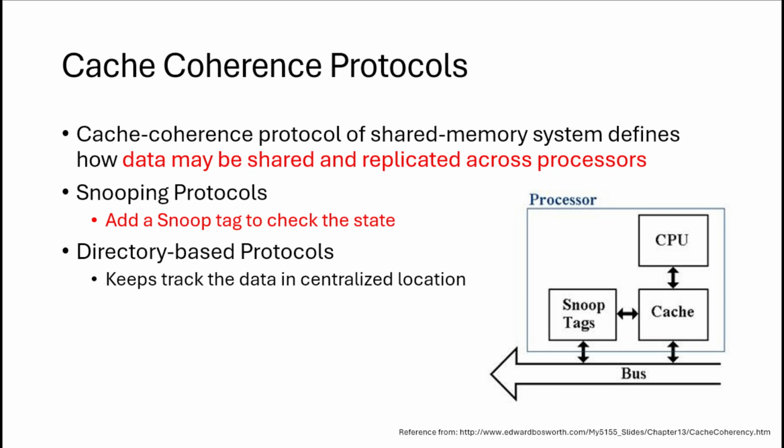We just add a snoop tag beside the cache, so the processor snoops the bus to see if any data in their cache has been updated. And the directory-based protocol is to keep track of what is being shared in a centralized location. It is very commonly used on distributed memory machines.